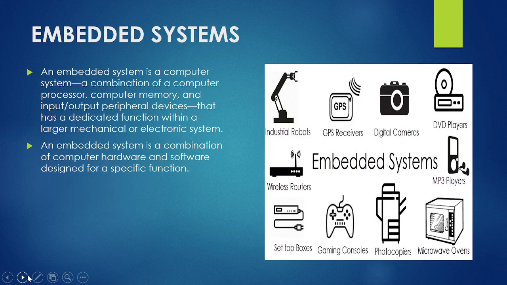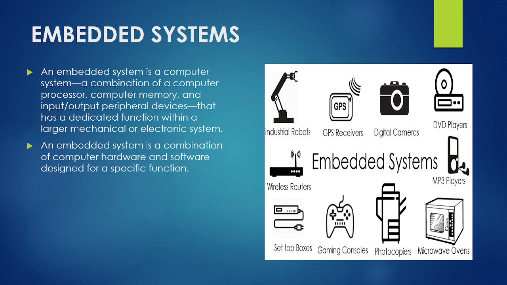So moving forward, let's discuss embedded systems. What is an embedded system? An embedded system is a computer system, a combination of computer processor, memory, and input-output peripherals that has a dedicated function. Embedded systems are used for dedicated functionality. For example, industrial robots are used for a specific task. Digital cameras are used for a specific task, it could be taking a picture or recording a video, but it cannot perform many things.